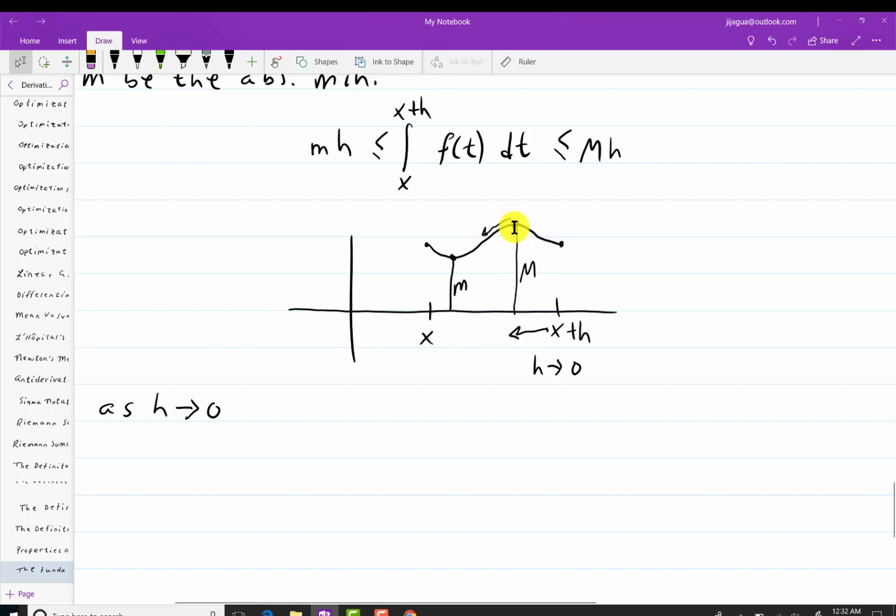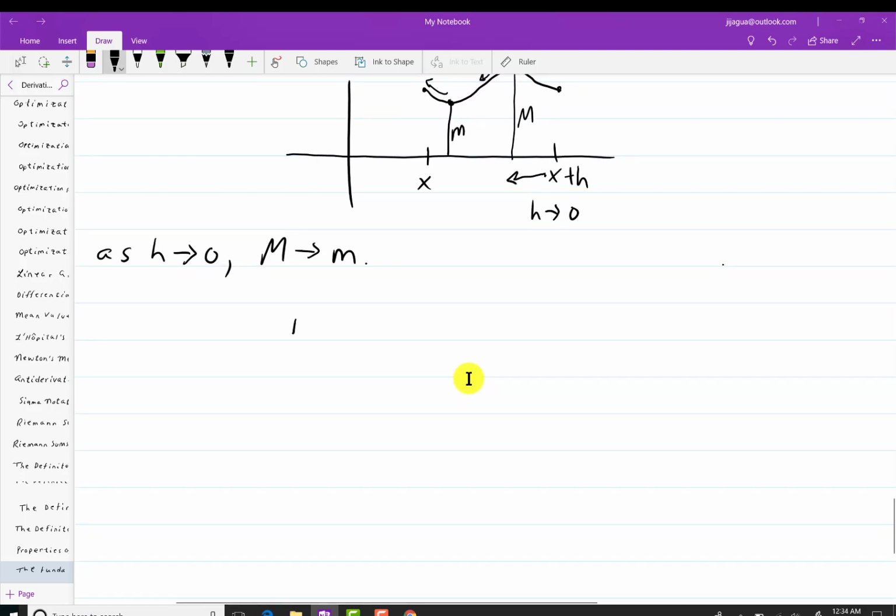And what will it be doing? It'll be getting closer and closer to what, in this example, would be the littlest m value. And then as h keeps on going smaller and smaller, even this m value is getting shoved to x. So I'll say this: as h approaches 0, capital M is approaching little m. Capital M is becoming the same size as m.